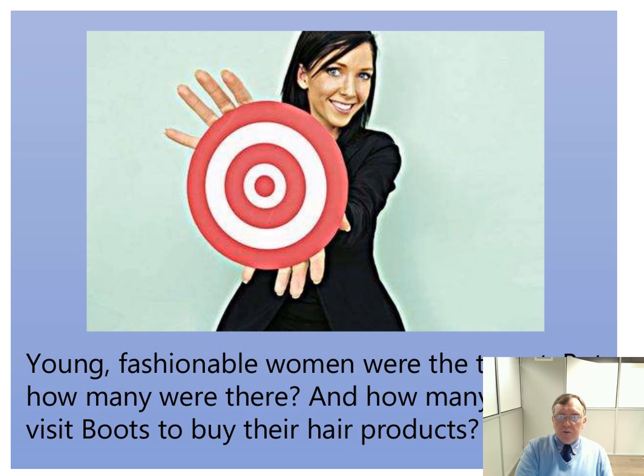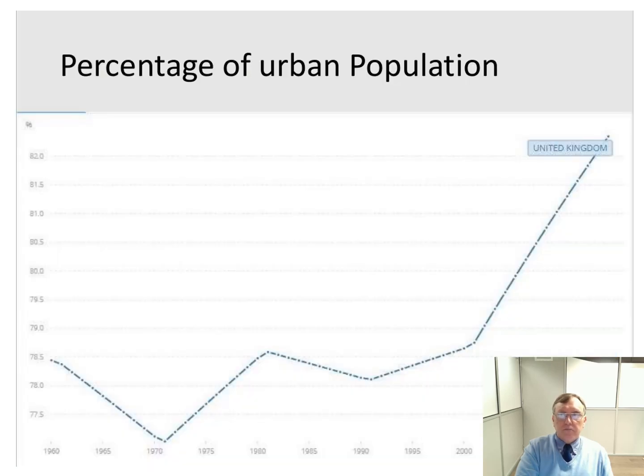So our target, who is our target? Young, fashionable women. That is considered to be the target audience. But how many were there? How many of those visit Boots to buy their hair care products? So we need this information first. So we have the percentage of the urban population.